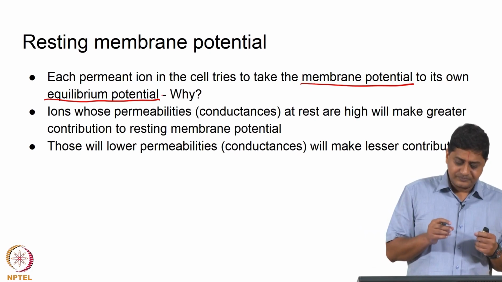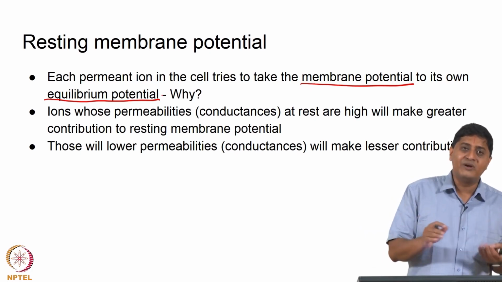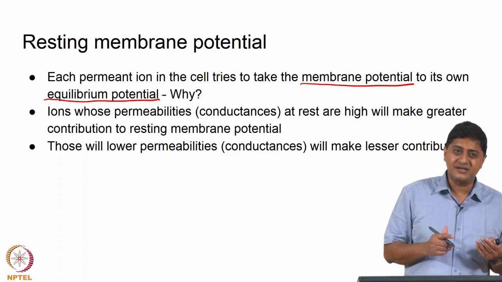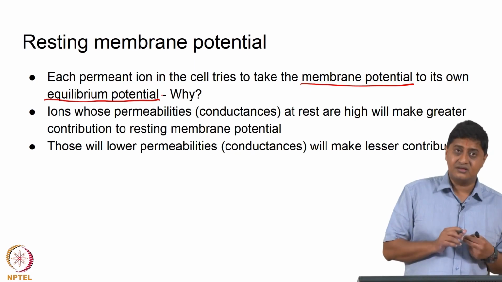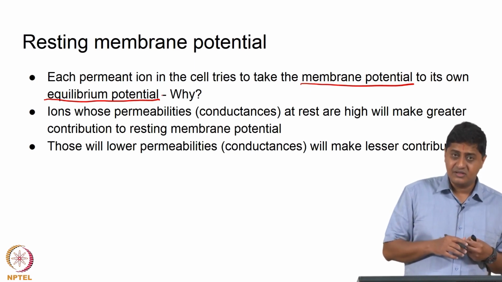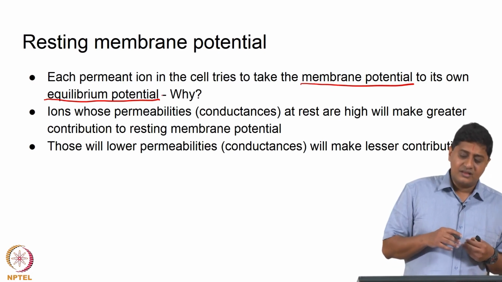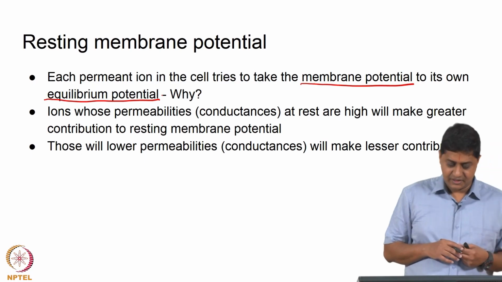For that ion, that is the potential at which there will be no net movement of that ion, is it not? This is also called the Nernst potential. If the biological membrane were at the equilibrium potential of, say, sodium or potassium, then that ion will not move, right? This is what we explained in the previous class, is it not?